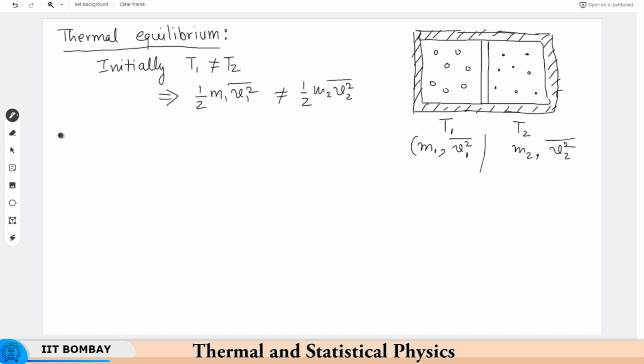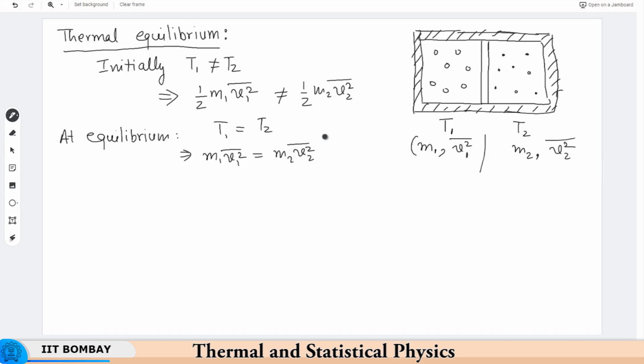But at equilibrium, as we know, we say two things are at equilibrium if they have the same temperature, T1 equals T2, which implies half m1 v1 squared average is equal to half m2 v2 squared average, right. So, this is the condition for thermal equilibrium. If the average kinetic energy of a gas molecule in gas 1 on the left is equal to the average kinetic energy of a molecule in gas 2, then they are at thermal equilibrium, right.